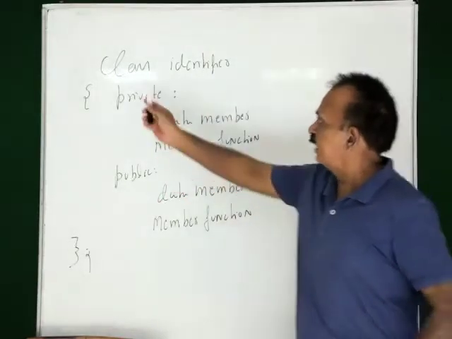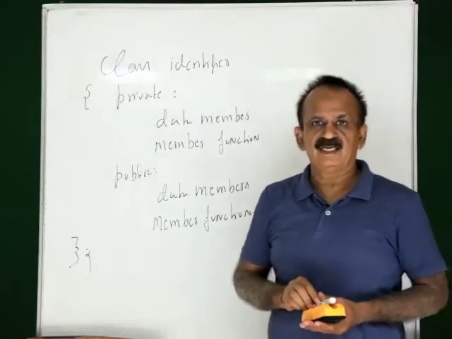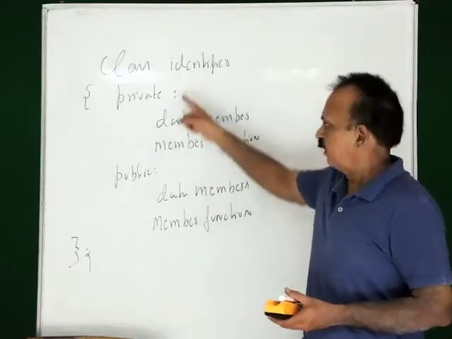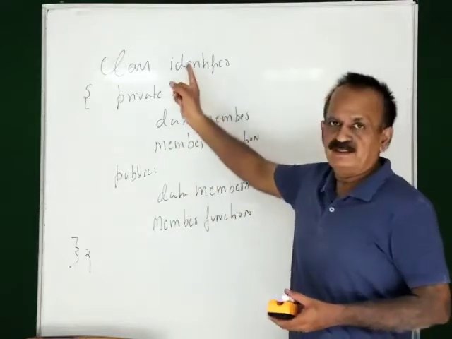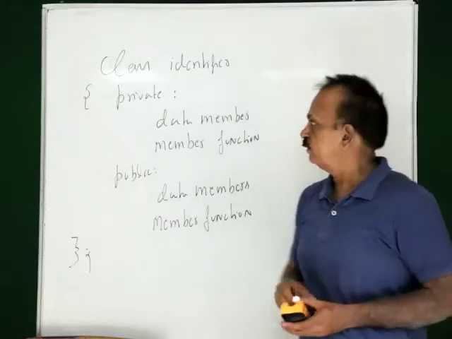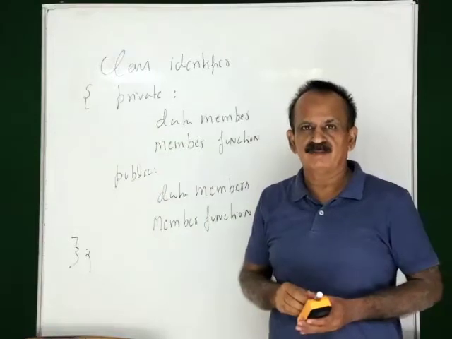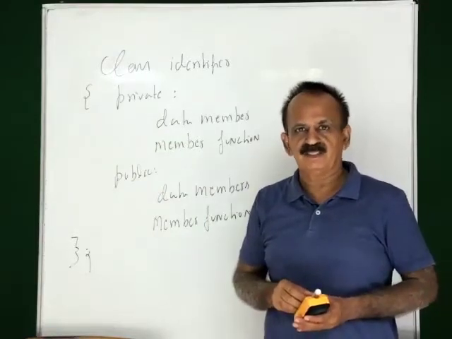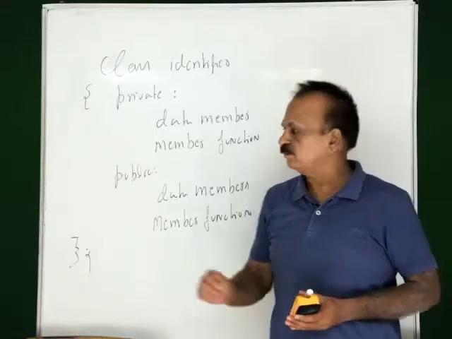The first word is class. It is a reserved word, which indicates that this particular declaration is for a class. Identifier is the user-defined name given to the new data type. Private members are those members which can be used within the class or by the members of the class.